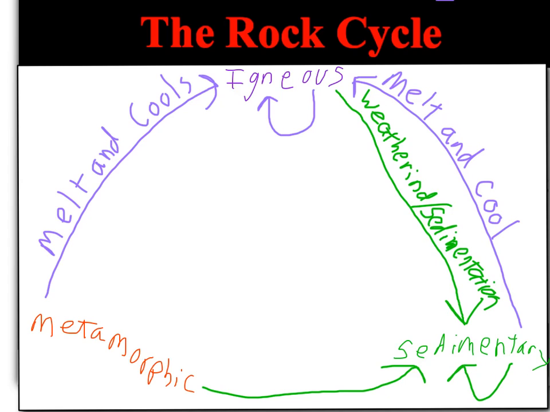So we got weathering, sedimentation, and then a process called compaction. Alright, so you have your weathering, your erosion, your sedimentation. You get little tiny little pieces of rock, and then they get compacted and cemented together to form a layer of a new rock. So in sandstone, you got a bunch of little pieces of sand.